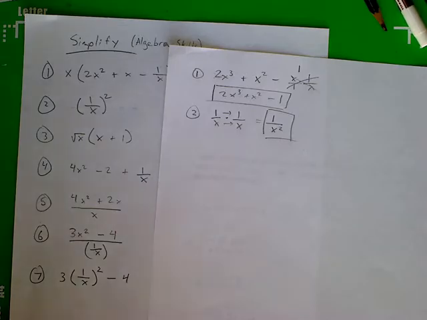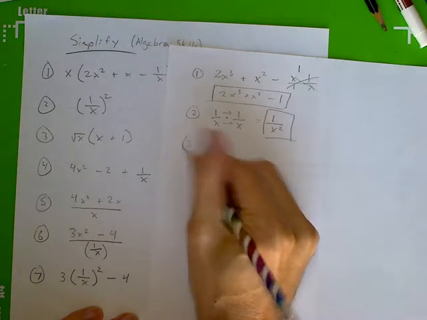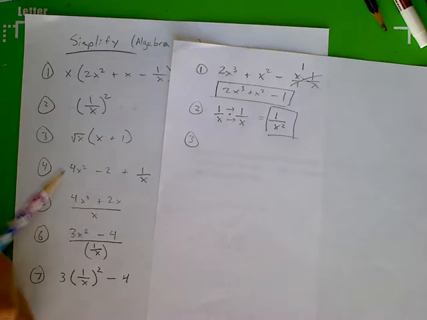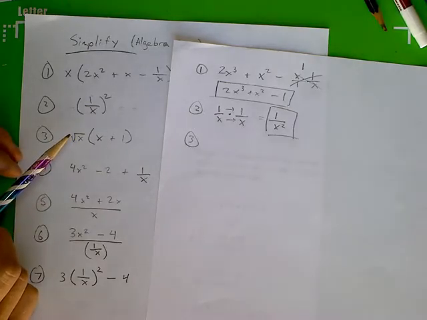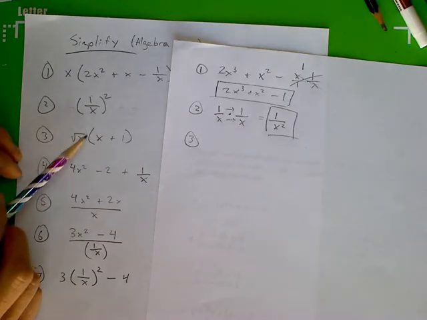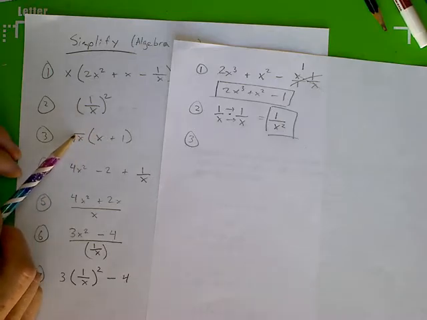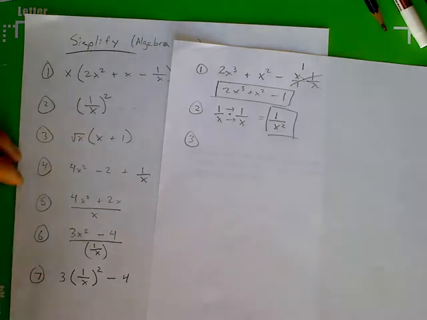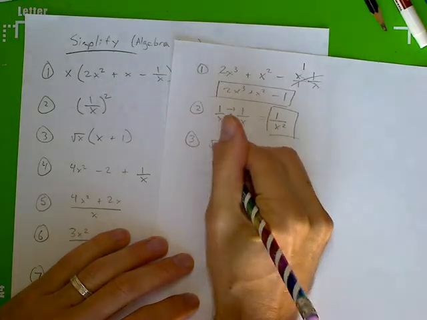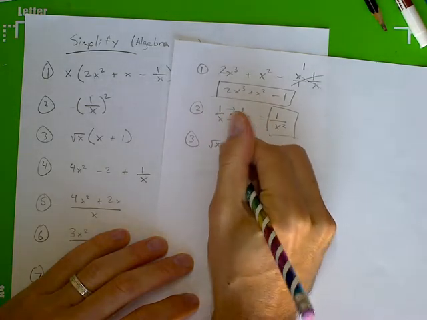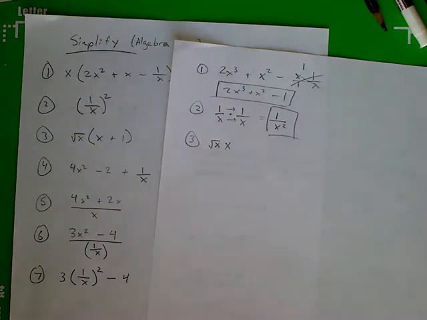Okay, number 3. Again, your gut probably tells you, hey, I need to distribute this because I've got something times a set of parentheses. So the square root of x times x is simply the square root of x times x.